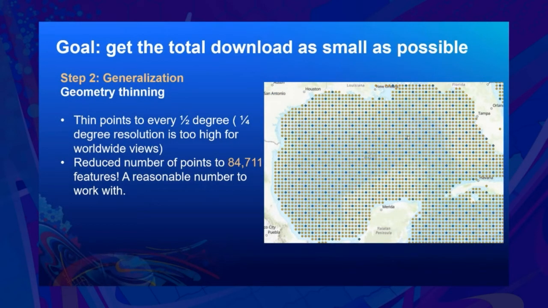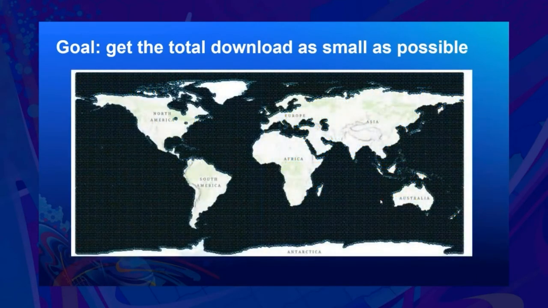By reducing, you can see the difference between a quarter degree resolution and a half degree resolution. The turquoise dots are half degree, and the yellow dots are quarter degree. We're pulling out just the half degree version of this data set to get it as small as possible. Still a lot of points.